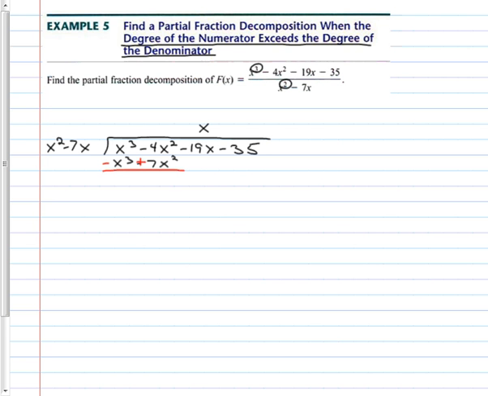So my squared terms, I get 3x squared, bring down negative 19x minus 35. What goes next? Multiply by 3. X squared times 3 would be 3x squared, so plus 3. 3x squared minus 21x. Change my signs. Negative 19 plus 21, so we have 2x minus 35.